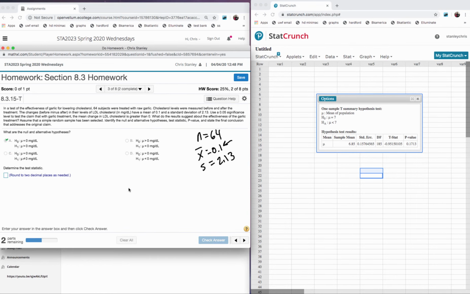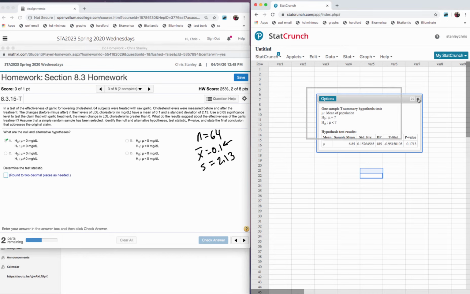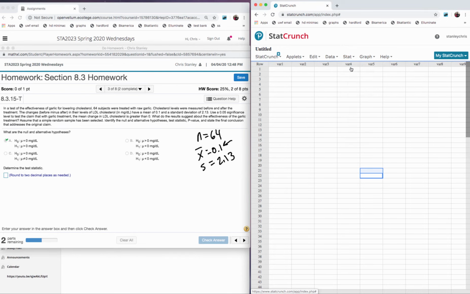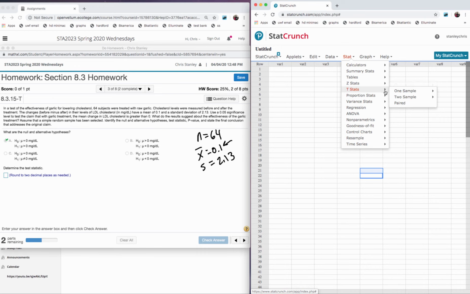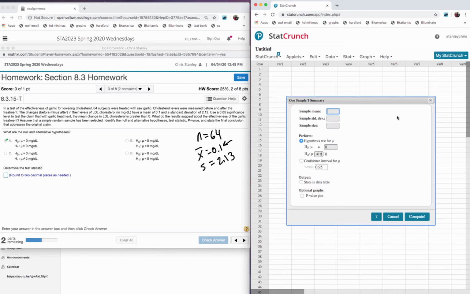Okay, now we have to run the test. And as we did before, I'm going to run through the whole way for these. So stat, and then you're going to go to t-test. You're going to do one sample and then summary. Summary just means they gave you the average. The average, people went down 0.1. But everybody didn't go down 0.1, so there's some spread in the decreases and the increases.